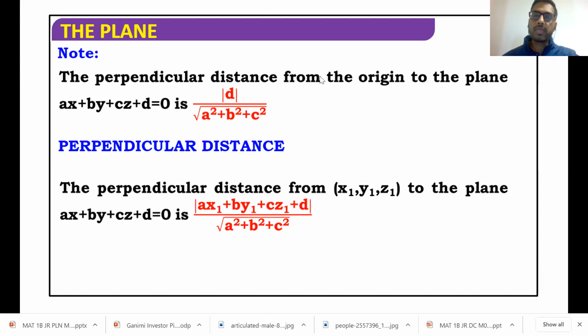So the equation is the same. For a plane we are having ax1 plus by1 plus cz1 plus d, and then under root of a square plus b square plus c square. Similarly, the perpendicular distance from origin. When you want to find the distance from origin, you are going to substitute your x1, y1, z1 coordinates as 0, 0, 0. Therefore, the formula would change to mod of d upon under root of a square plus b square plus c square.